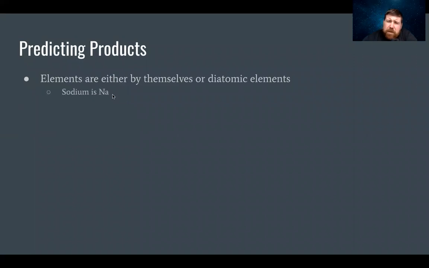Now, sodium is a good example of an element by itself, it's just Na. But as we know, oxygen is one of the 7 diatomic gases. So we're always going to list it as O2. Don't forget, Brinkelhoff is our mnemonic for diatomic gases.